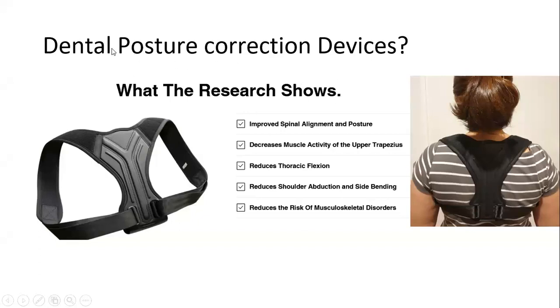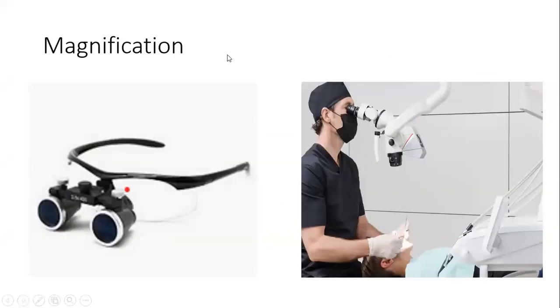You will run into quite a few of these commercial prototypes for dental posture correction devices. Yeah, I think most of this literature seems to be marketing driven, so it's difficult to say exactly, but this is another option that can be considered for posture correction, fairly inexpensive as well.